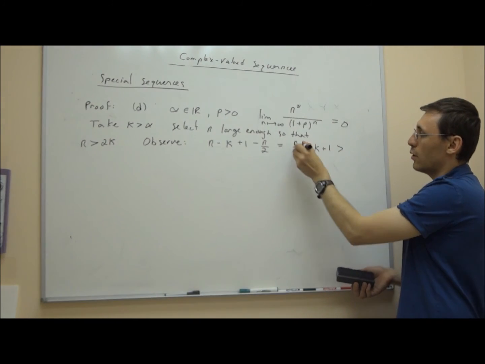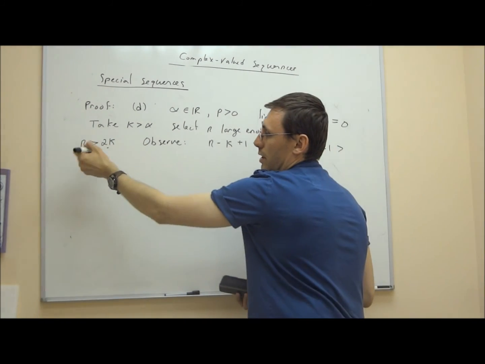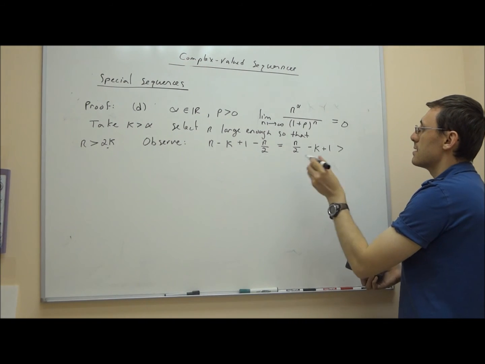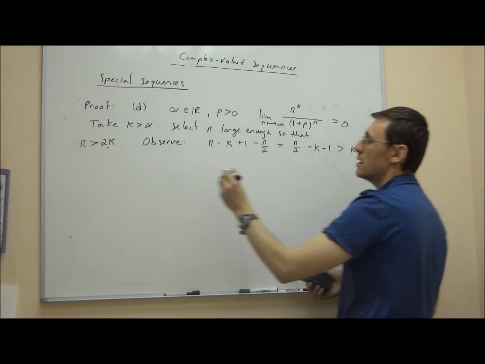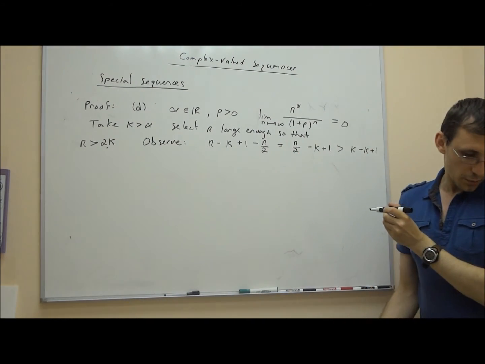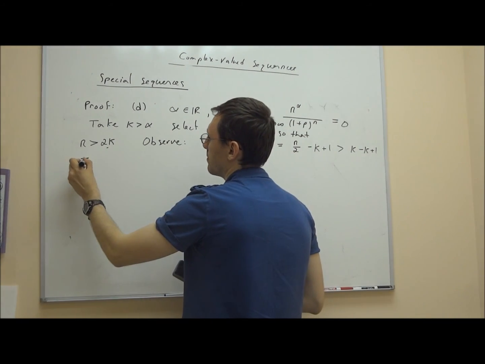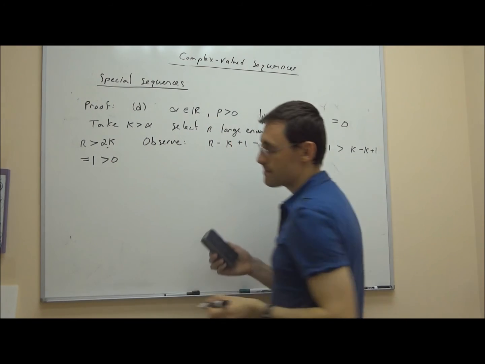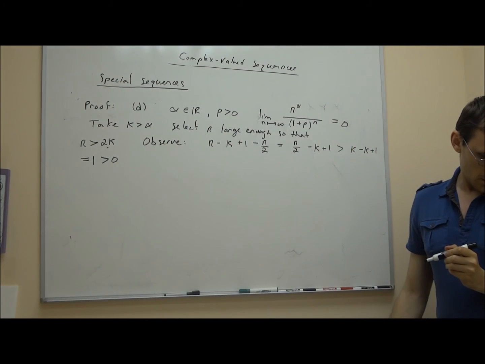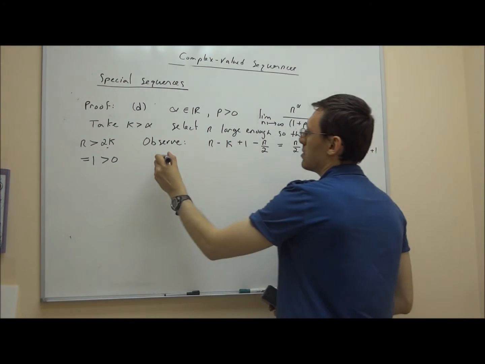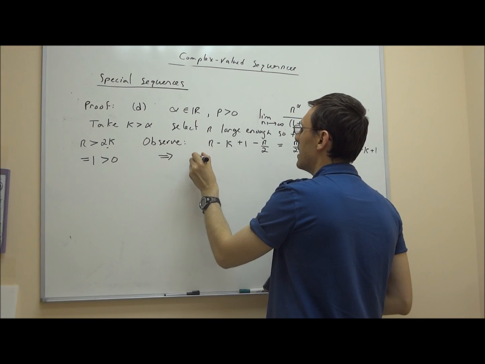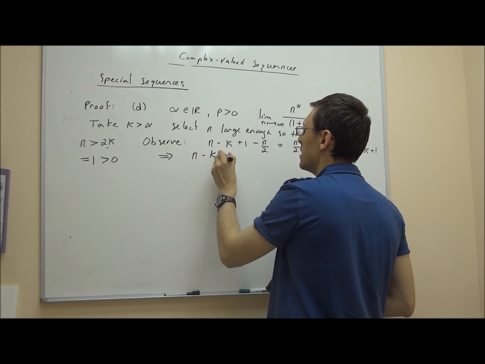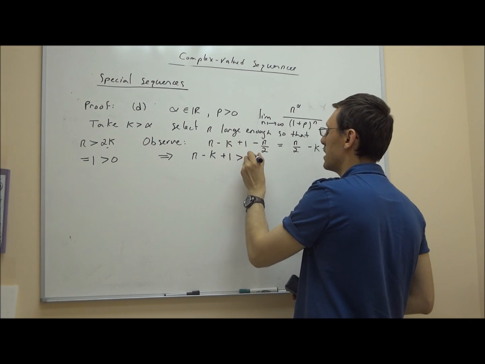And n over 2 from here, it's bigger than k. So that is bigger than k minus k plus 1, which is equal to 1 and bigger than 0. And so what does this imply? That implies that n minus k plus 1 is bigger than n over 2.